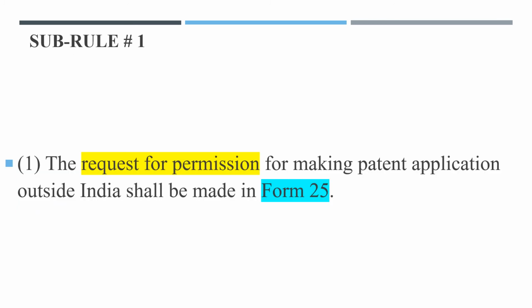Subrule 1 says the request for permission for making patent application outside India shall be made in Form 25. That we have already discussed by linking the particular form number 25, Section 39 and Rule 71.